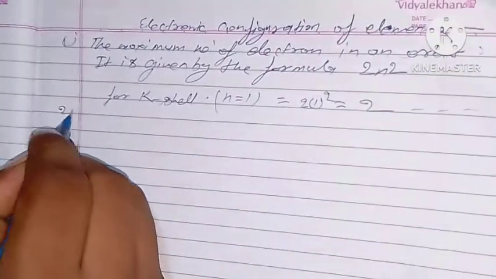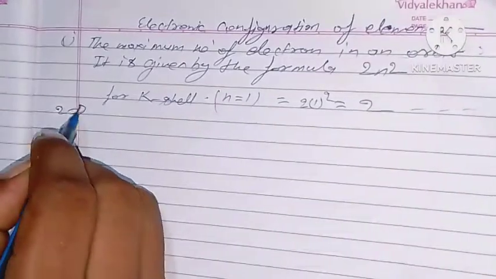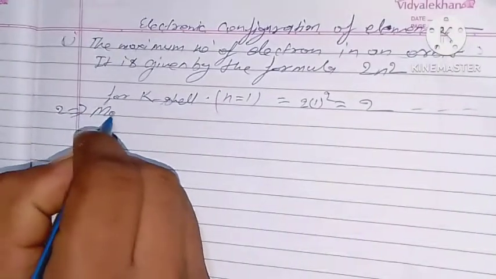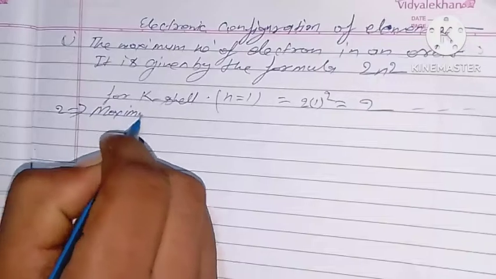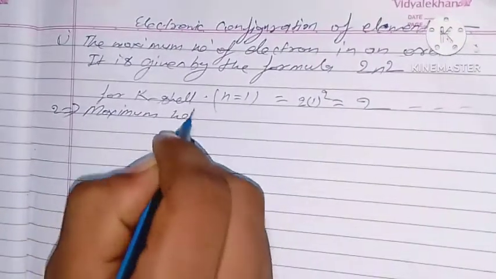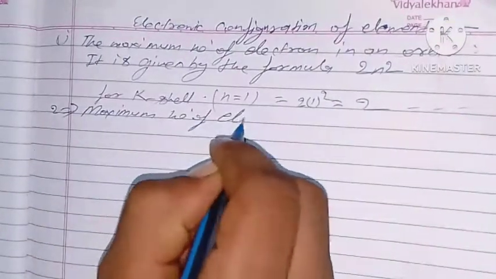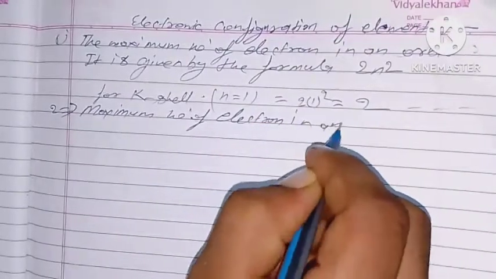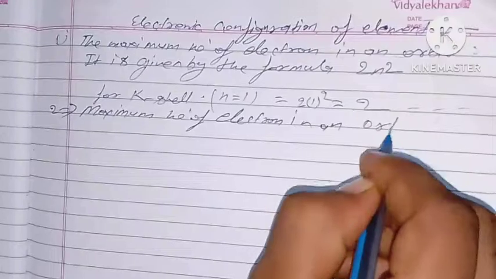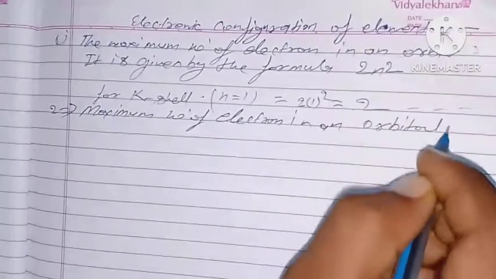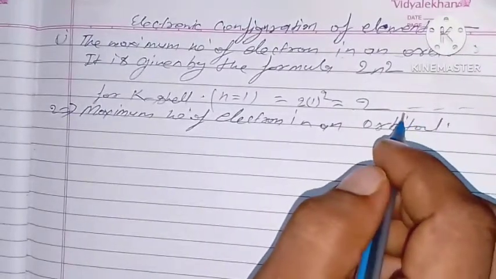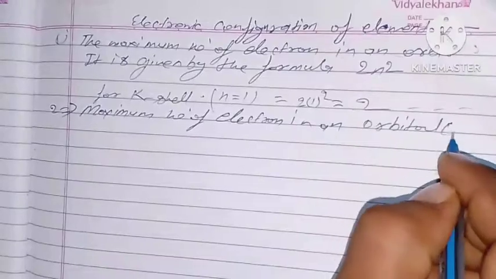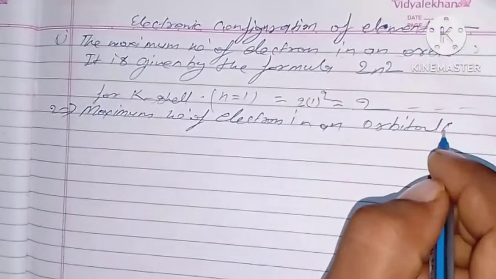Second point: the maximum number of electrons in an orbital.